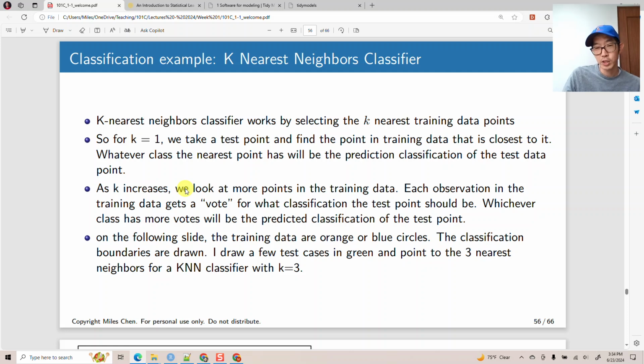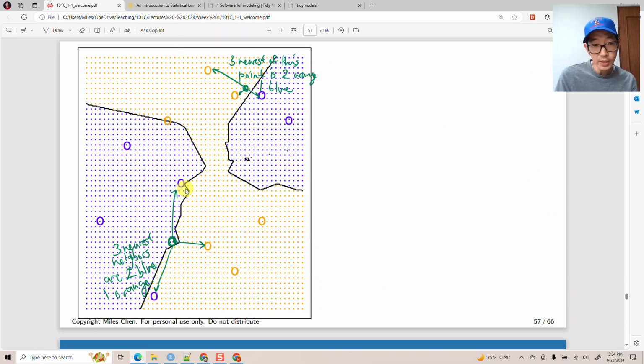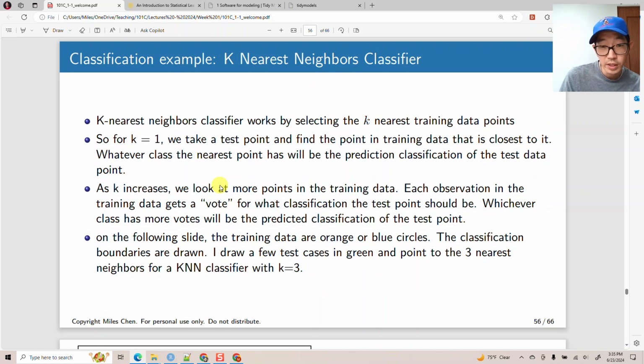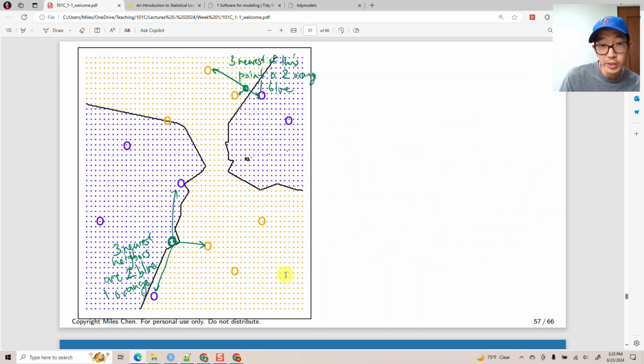Here, let me illustrate this. The circles represent our training data, and I believe this is with k equal to 3. Each of the little dots in this grid represents a different test point.